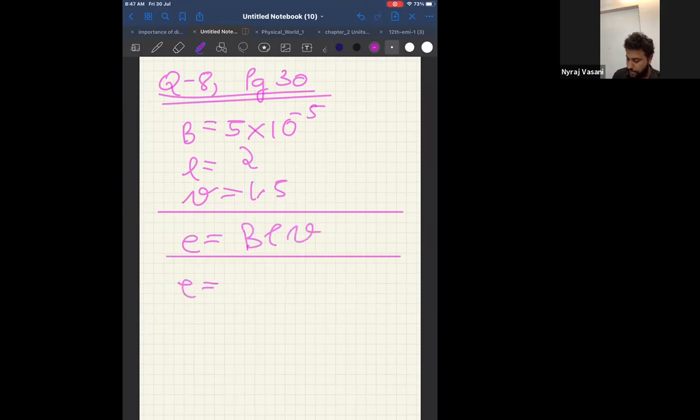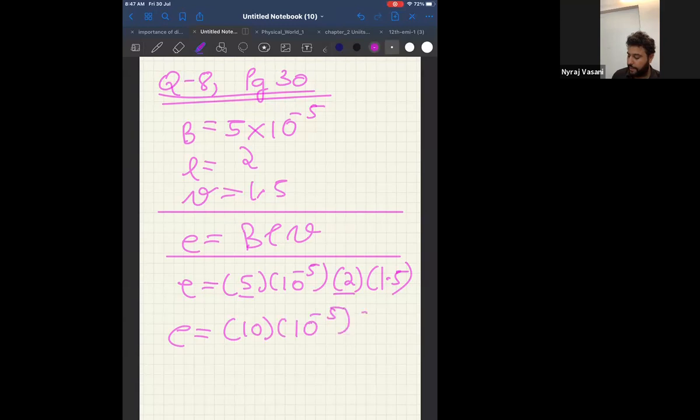So E equals, what is B? 5 into 10 power minus 5, into L, into V. Therefore, 5 into 2 will be 10 into 10 power minus 5 into 1.5.